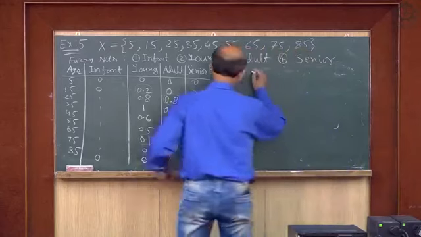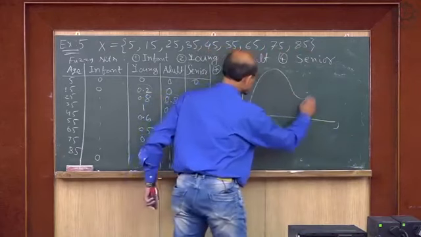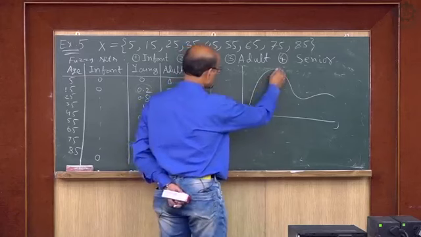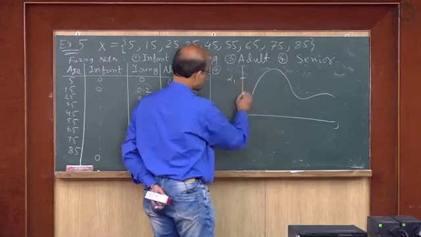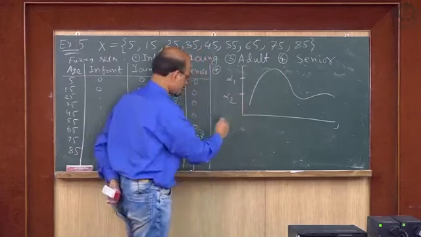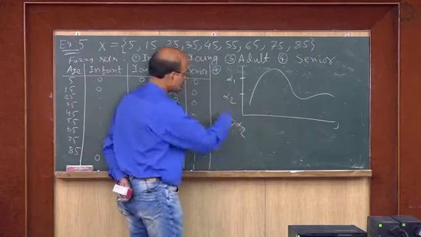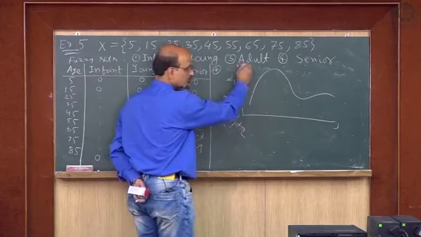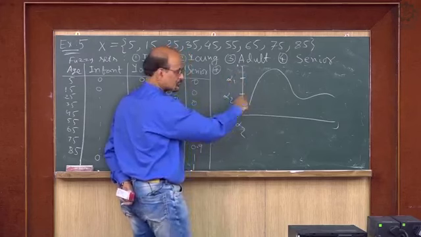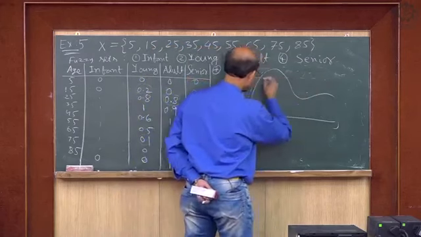Suppose this is a fuzzy set. This is alpha 1, this is alpha 2, and I said alpha 1 is greater than alpha 2. This is your membership function. Now for alpha 1, what are the x?